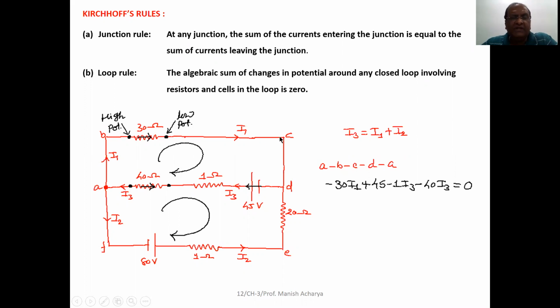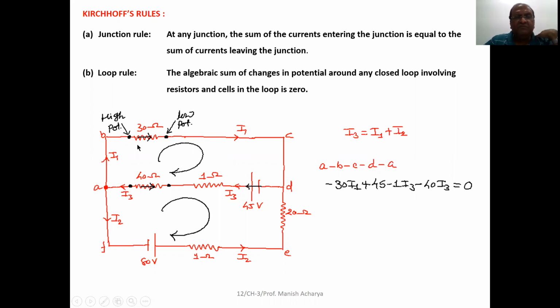Then B to C. Now current I1 is flowing through this 30 ohm resistance. Now when I1 current is flowing through this 30 ohm resistance, then between the two terminals of this 30 ohm resistor, the potential difference as per Ohm's law, we can write V equal to IR.